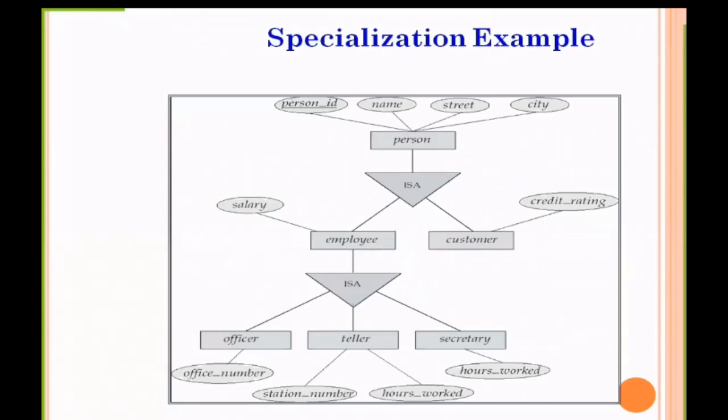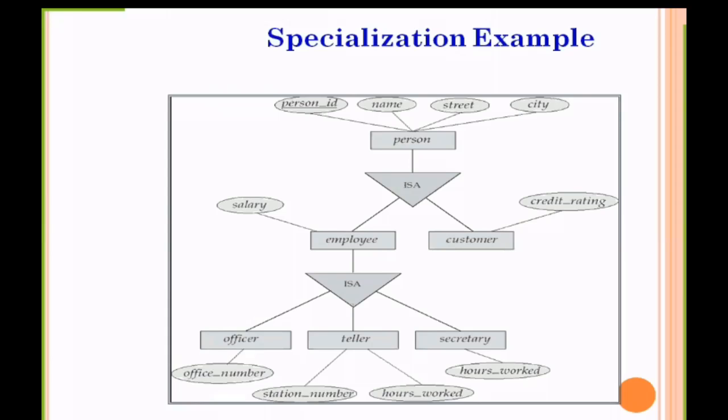So coming back to the diagram, as we are coming down, we are making our entity sets special. Officer, teller and secretary are the special entity sets of the employee entity set, and employee and customer entity sets are the special cases of the person entity set.